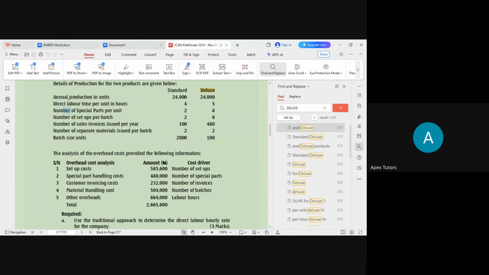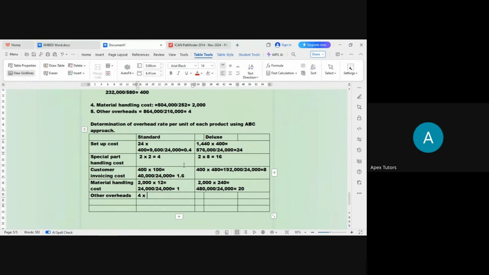Since you are working per unit, the labor time per unit in hours for the standard is 4, and for the loss is 5. So for standard, this will be 4 times 4, which is 16.